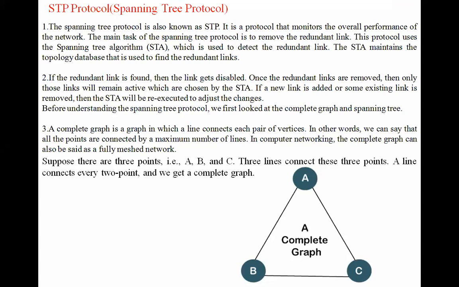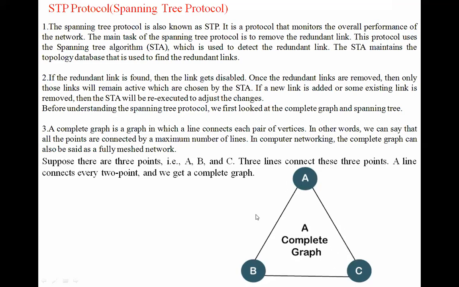How do we do that? By forming a complete loop. In the diagram, A, B, C: from A to B there is a connection, B to C there is a connection, and C to A there is a connection. It becomes a complete loop.